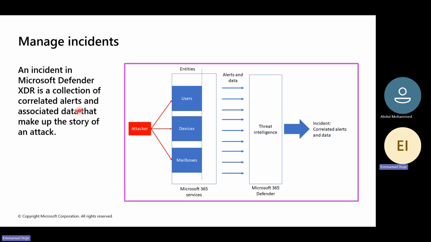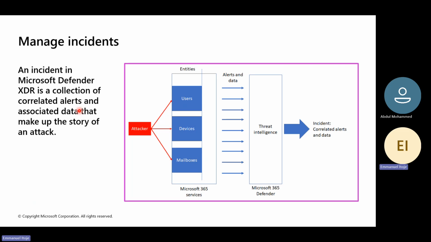So when we look at incidents, an incident is a collection of correlated alerts that makes up the story of an attack. And Microsoft Defender XDR automatically aggregates malicious and suspicious events that are found on different devices, users, and even mailbox entities in the network.